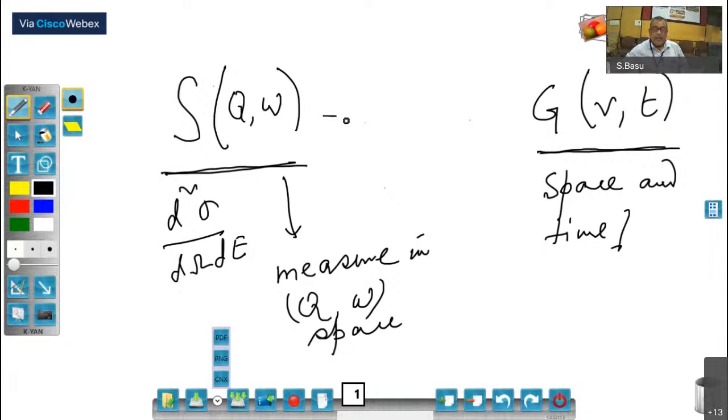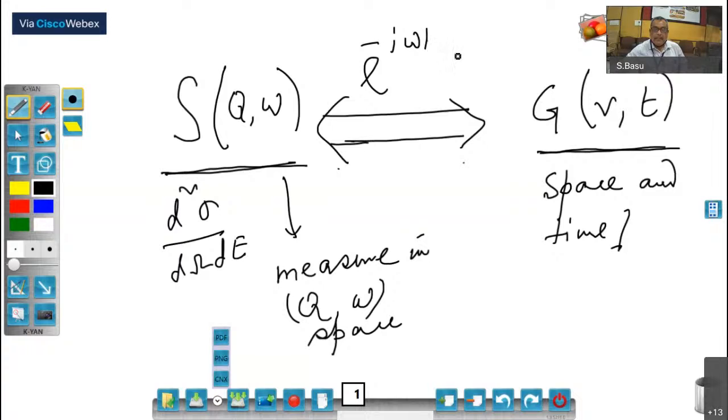And there is a double Fourier inversion between them. One is e to the power minus i omega t, and one is e to the power i q dot r. Either I integrate over omega, I go to t, or I integrate over q, I go to r, or I integrate over r, I go to q, I integrate over time, I go to omega. They are double Fourier transforms of each other.